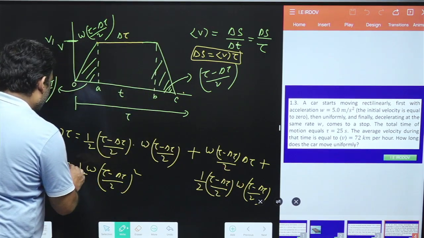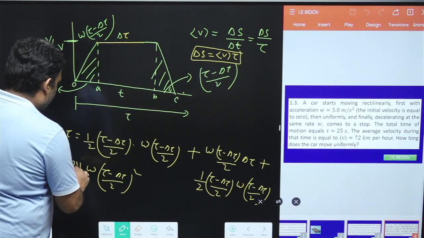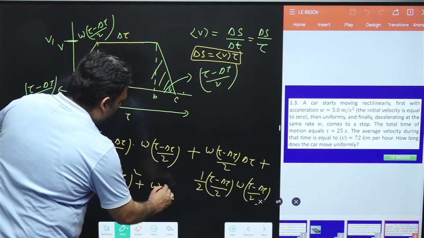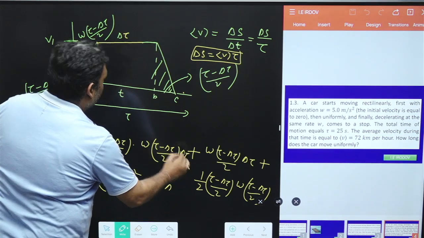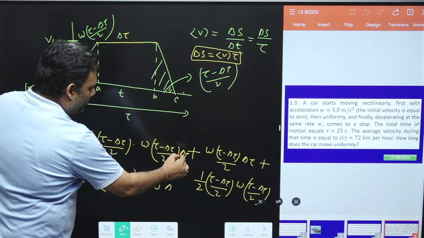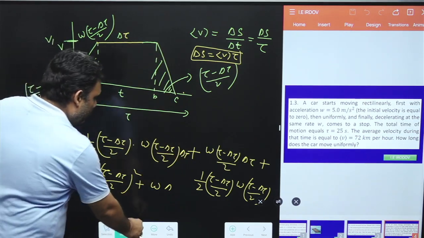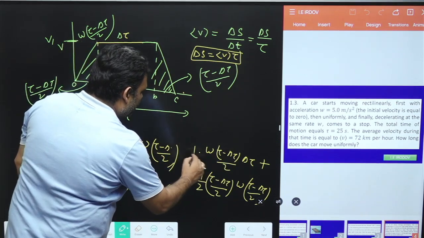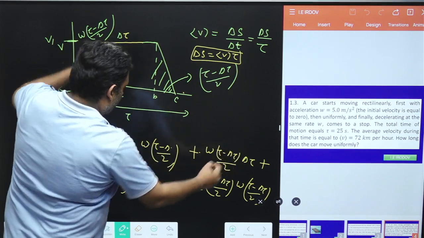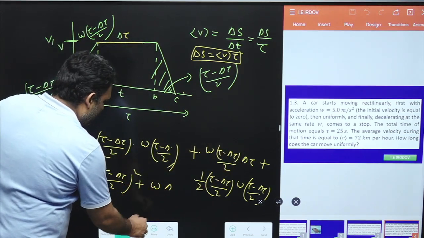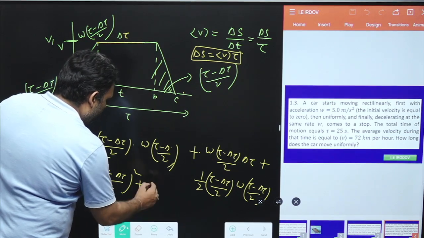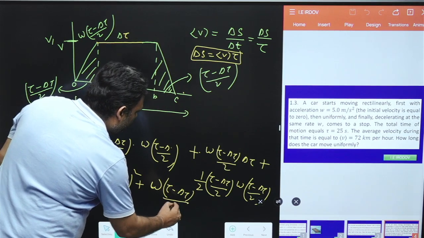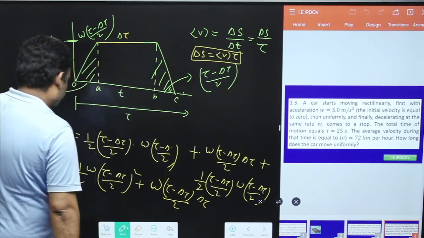So we are just going to multiply with 2, and here we have w, and this time is also delta t. So this part is this one: w into tau minus delta t by 2 into delta t.